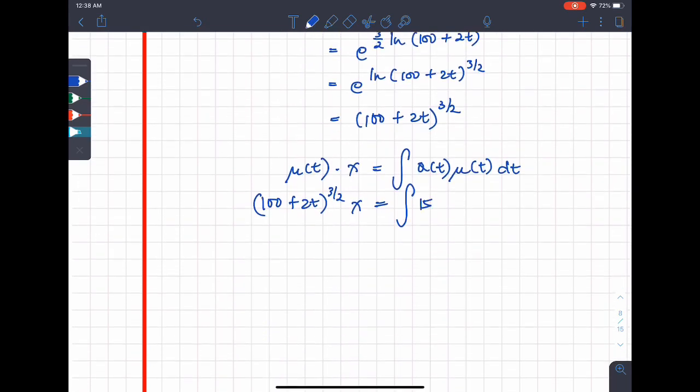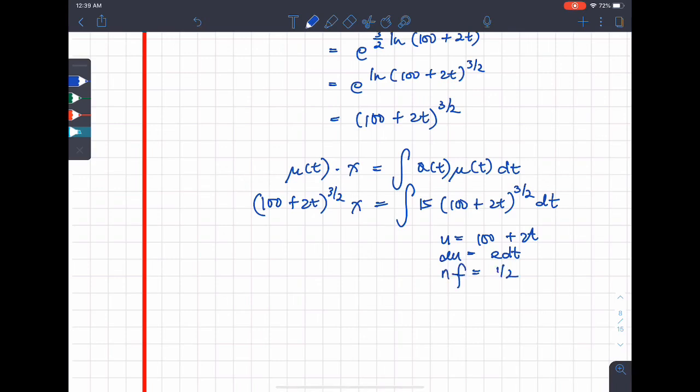So 15, so 100 plus 2t raised to 3 over 2 dt. Again, our u is 100 plus 2t, so du is 2 dt, and our neutralizing factor would be 1/2.